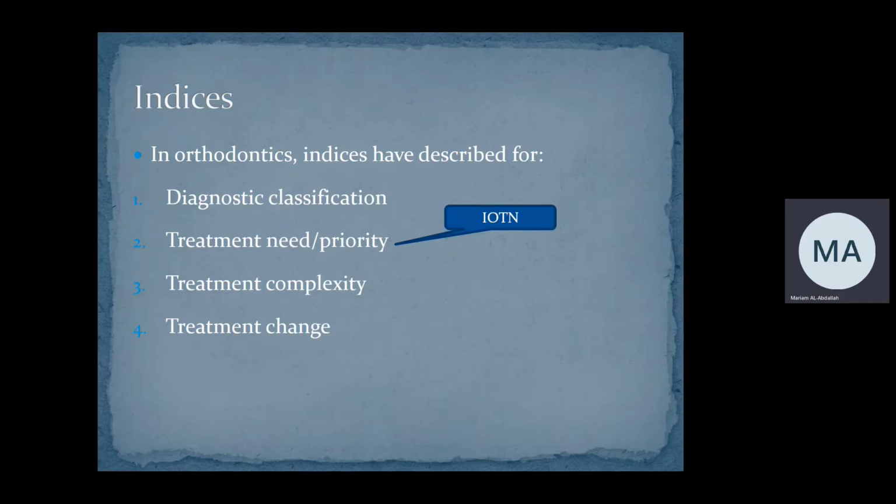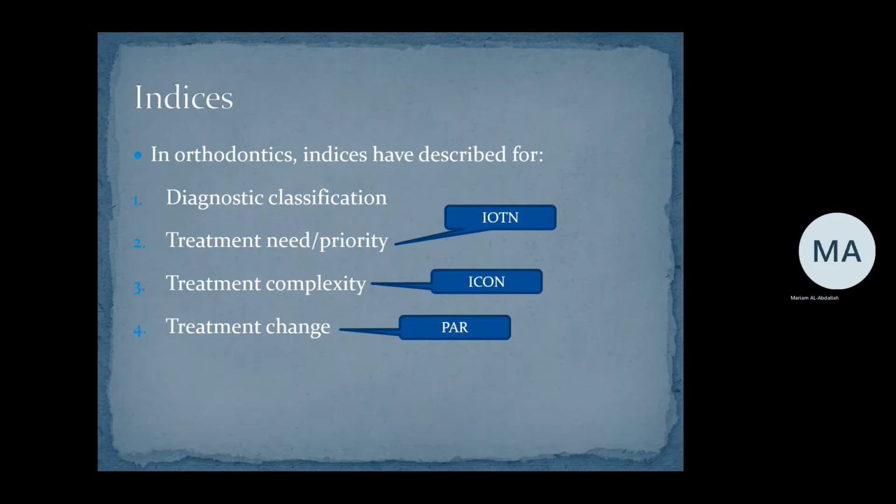The IOTN for the treatment need, ICON for the complexity. Actually, it also looks at need and outcome. Treatment changes or outcome is the PAR index. You just need to know regarding these indices what these abbreviations stand for. If there are any different components we need to know about, what are they used for? Okay, so just focus on what we're going to talk about in this lecture.